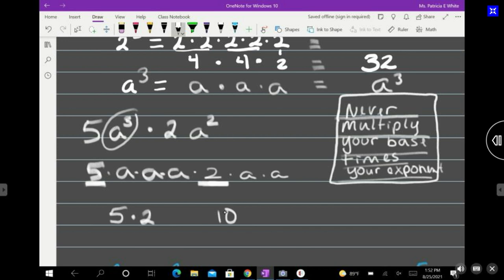How many a's do I have? 5. So I'm going to write 10 times a to the 5th power. Does that 5 have anything to do with that 10? No. Only what it can touch. There's 1 10 and 5 a's. Only what it can touch.